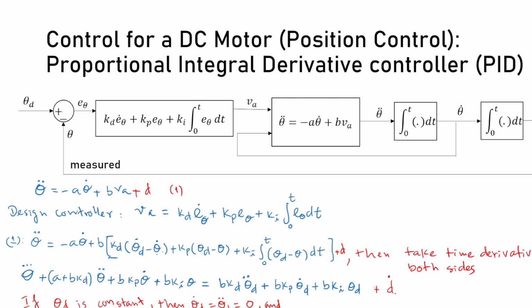What controller should you choose? Even in a DC motor, we have disturbance as Coulomb friction, right? Coulomb friction, even if it's small, is a disturbance. So if you choose a PD controller, which is not robust to disturbance, then you cannot have a good performance. It means the error does not approach zero. But if you use a PID controller, then you have much better performance.